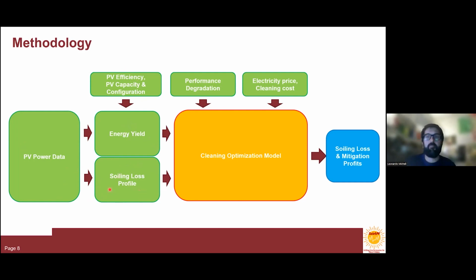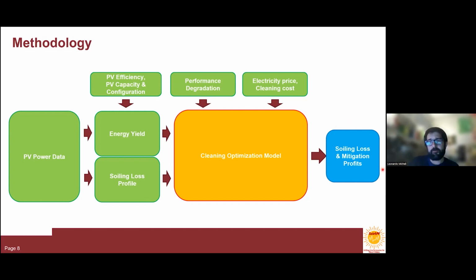We then feed both these time series into our own cleaning optimization model that takes into account the performance degradation of the system, the electricity price and the cleaning cost, and produces for us a soiling loss estimation as well as a mitigation plan recommendation, which typically is a recommended cleaning schedule and the expected cleaning profits.